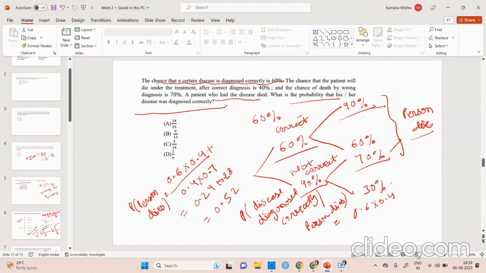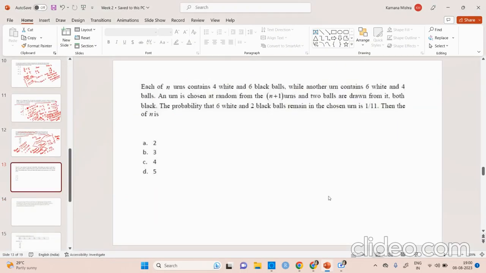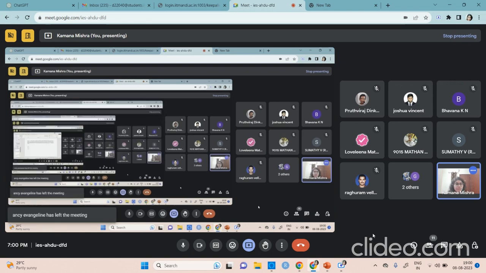If you have any doubts in assignment solving, that also you can say. So no doubts, huh?